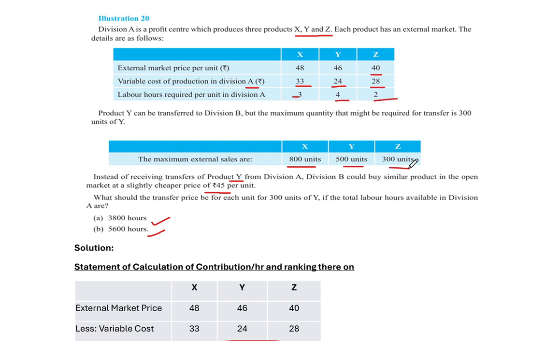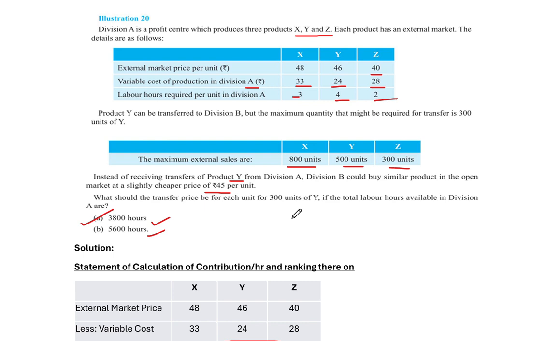If we multiply with the hours, we will find a total of 5000 hours. But in the question, it is given 3800 hours only for the first option. So we cannot produce everything.